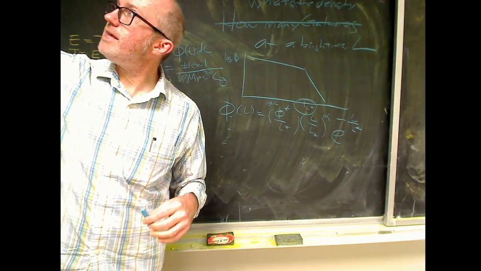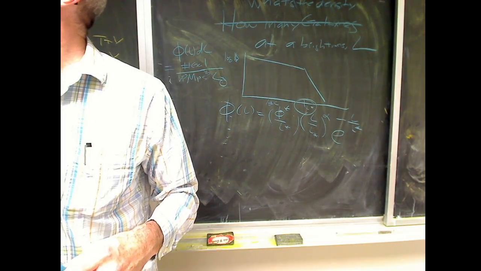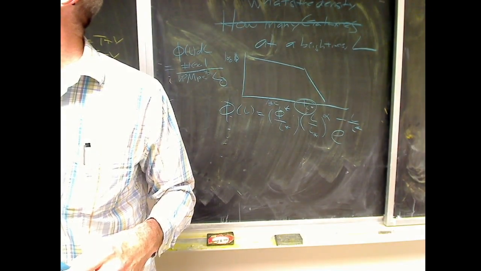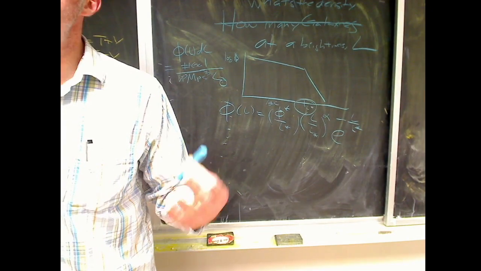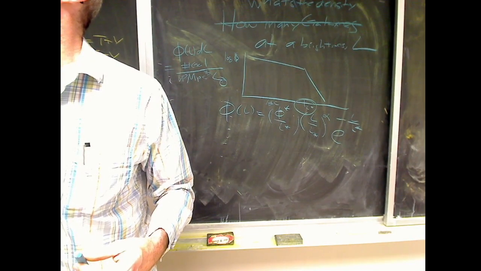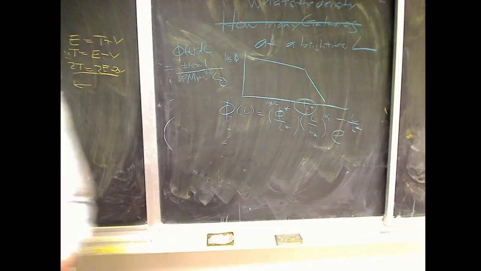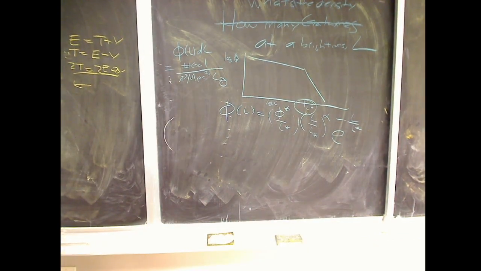So we see that in a cluster, we have way more really bright elliptical galaxies than we do spirals. But in the void, away from a cluster, we have more spirals than ellipticals, but they're all dimmer. This whole curve is shifted that way, so all of these galaxies are dimmer than these galaxies.